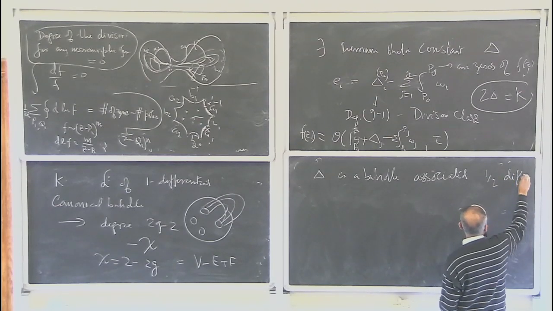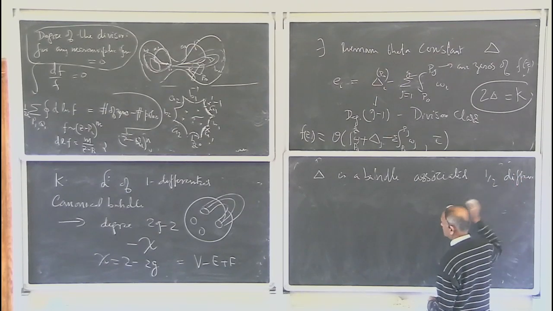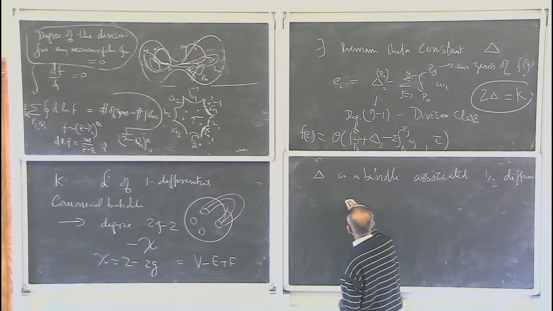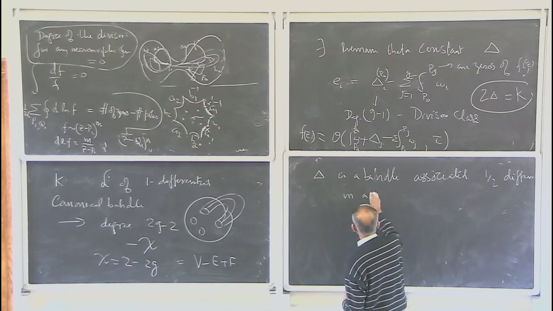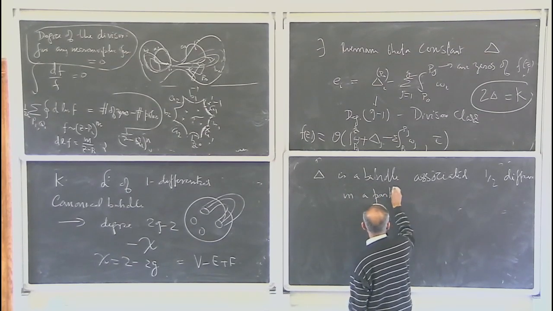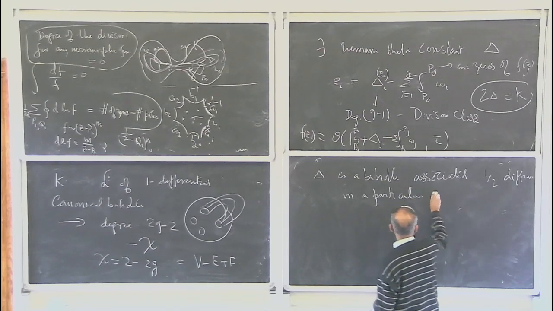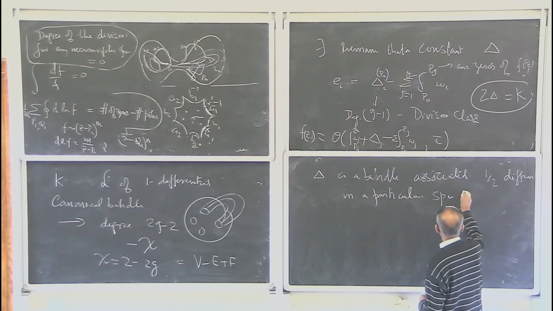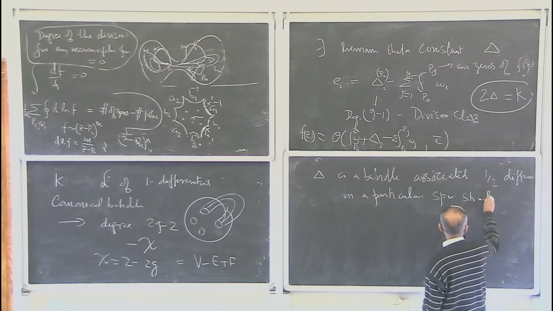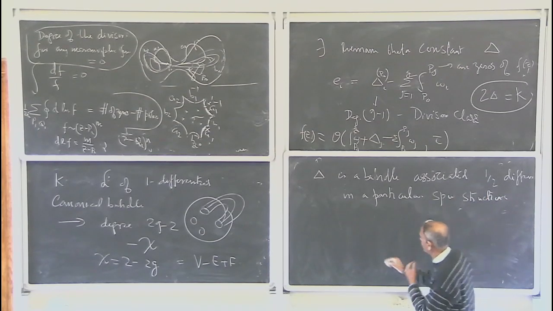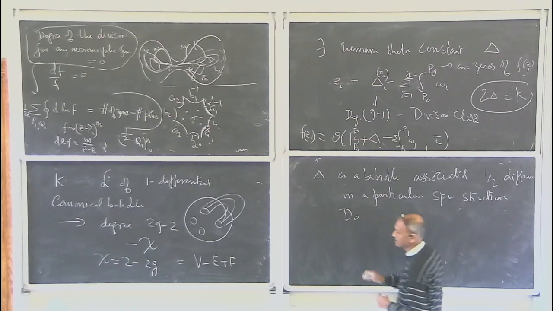Half differential means a fermion, right? A worldsheet fermion in a particular spin structure. Let's call that D naught. D naught is that spin structure.